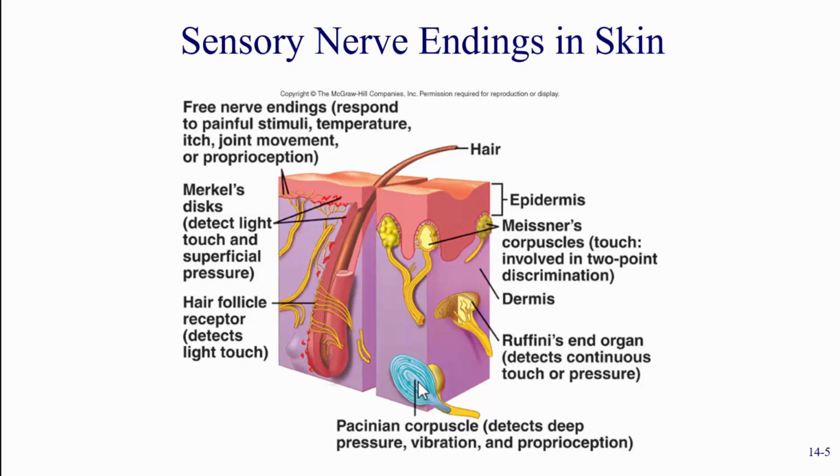And you can see here how we have layers that are laminated together, except we don't call it laminated, we call it lamellated. And so this Pacinian corpuscle is going to detect deep pressure, vibration, and proprioception.